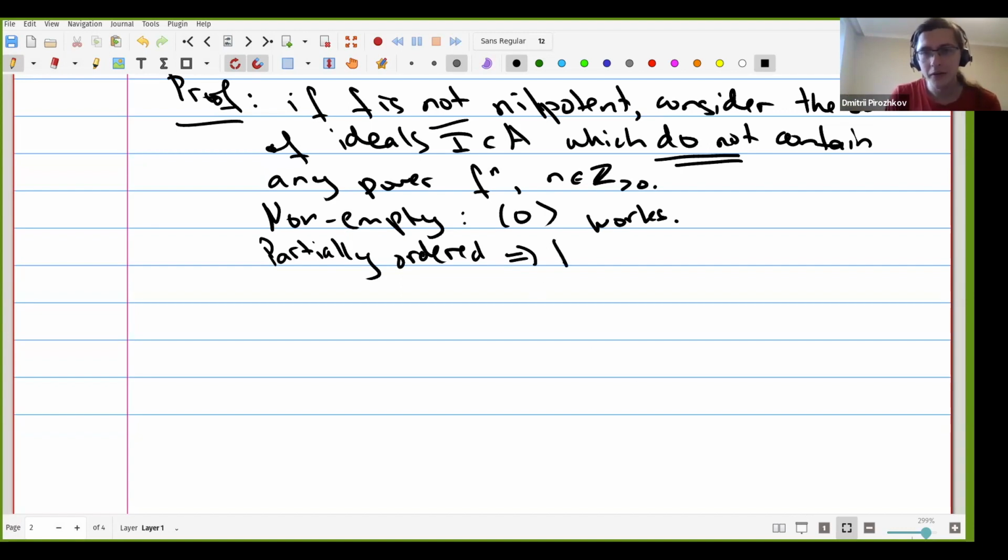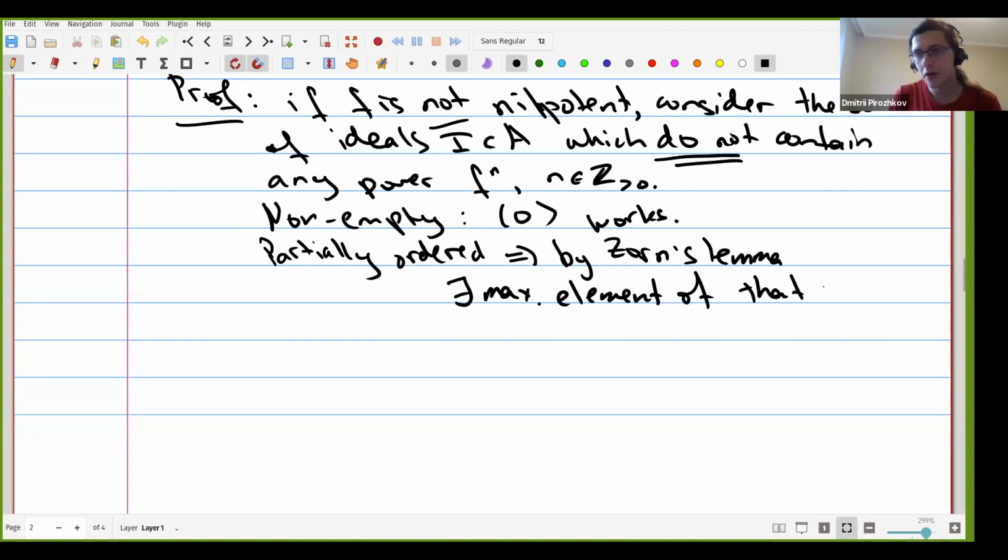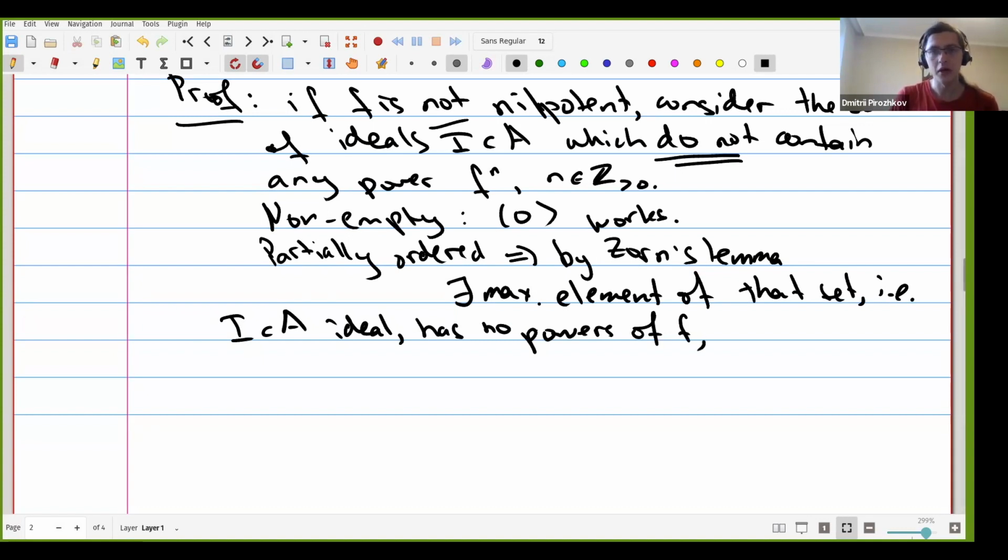So by Zorn's lemma, there exists a maximal element of that set, which is some ideal I. This ideal has no powers of f, and it is maximal with that property: for any element, let's say h, the ideal generated by I and h has some power of f.